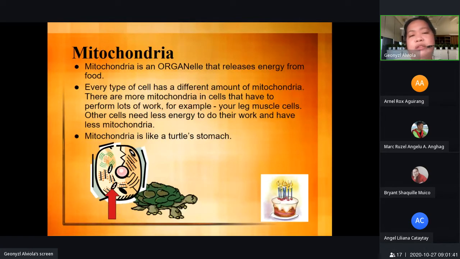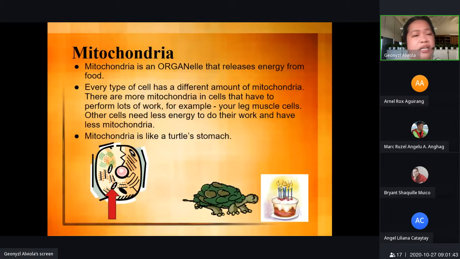Mitochondria. Mitochondria is one of the famous organelles in eukaryotes because it is termed the powerhouse of the cell. It is like a battery generator because it generates a lot of energy called ATP, or adenosine triphosphate.